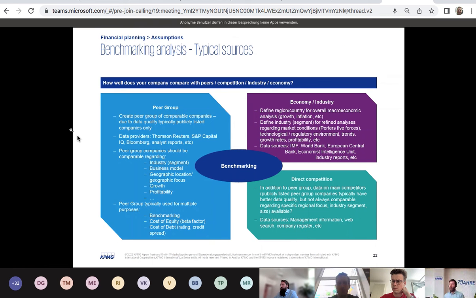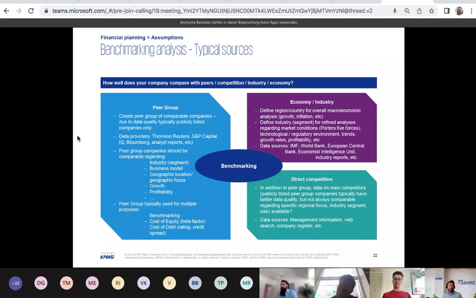Okay, and there's again some more sources for the benchmarking. Here again, keep in mind that you will need a peer group of comparable companies. You will need it for the business plan, and then again also for the cost of capital.